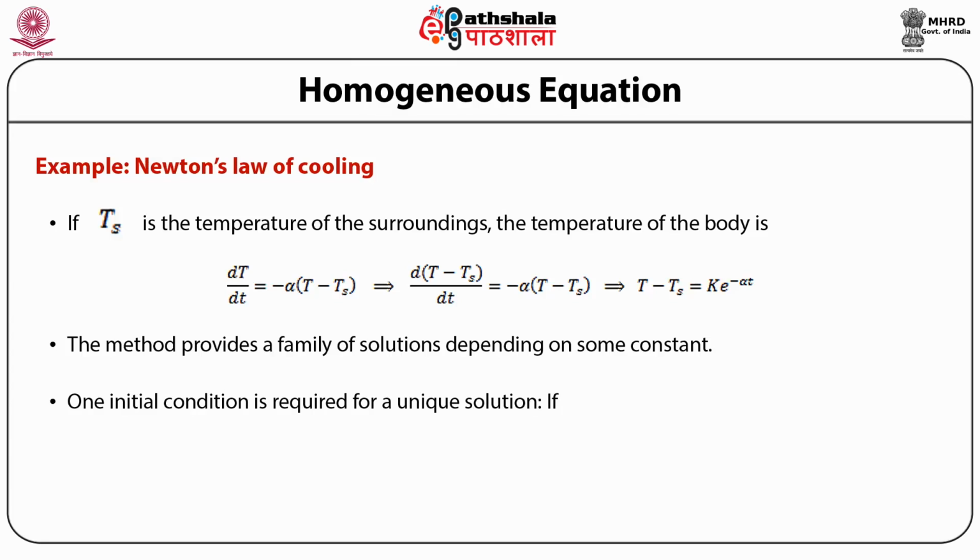Thus, if T is equal to Ti at time t is equal to 0, k is equal to Ti minus Ts, and T as a function of small t is equal to Ts plus bracket Ti minus Ts bracket close times e raised to power minus alpha t, where small t is the time.